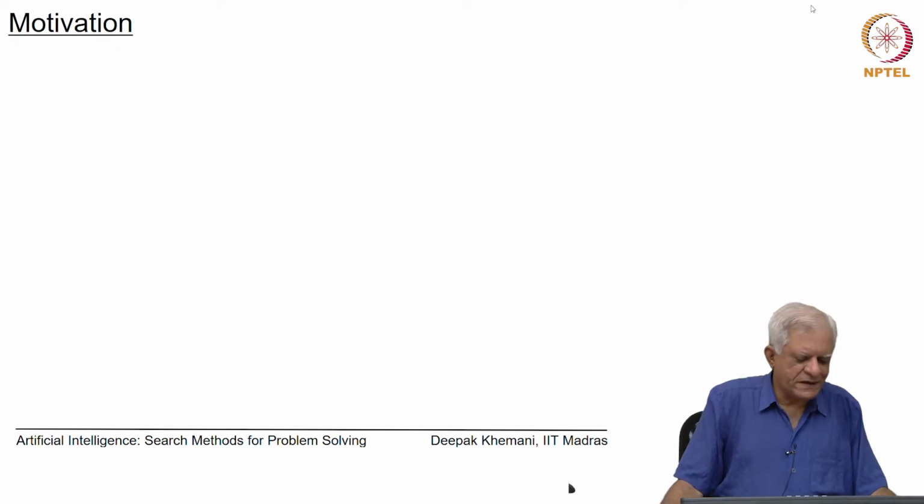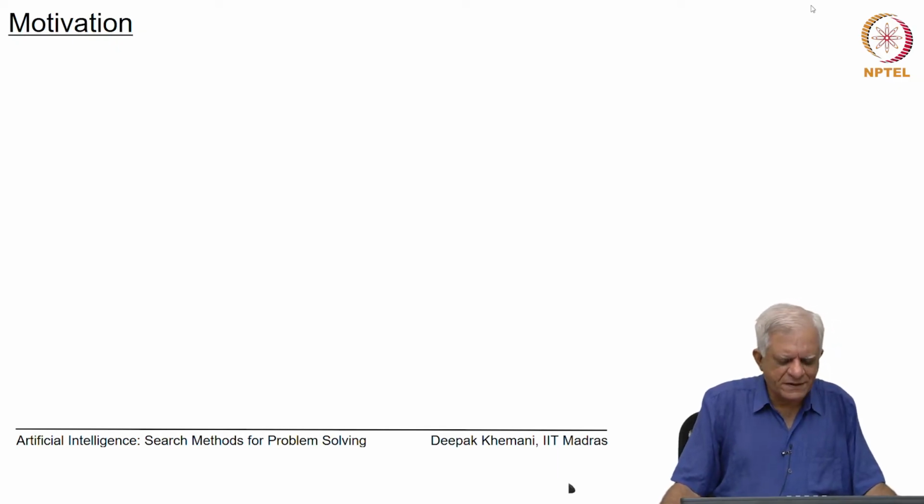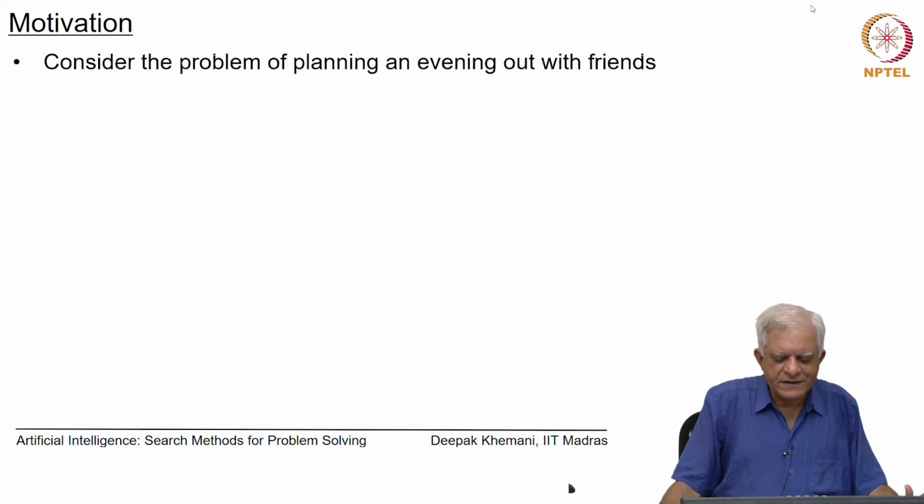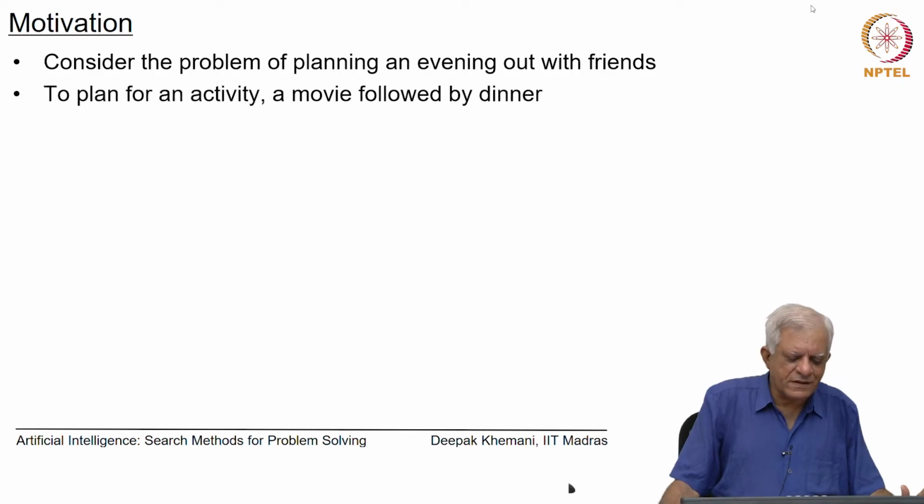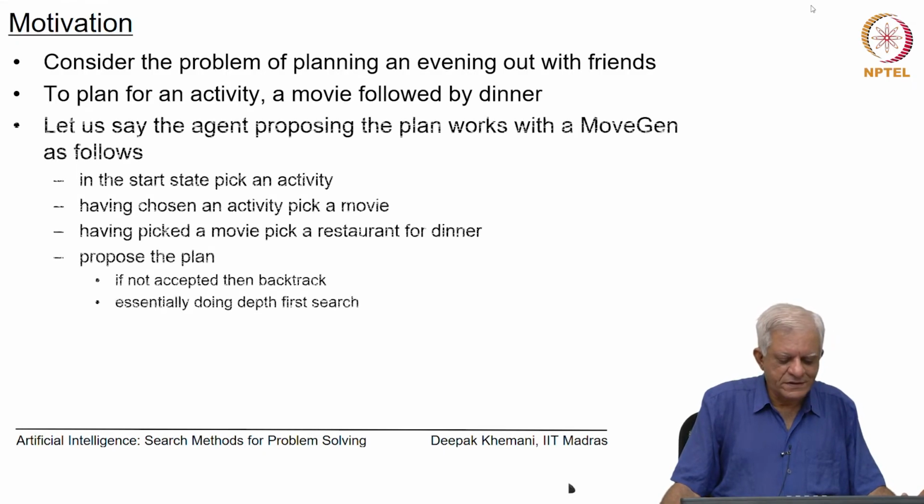and as a motivation, let us look at a problem which has typically three parts, and let us say this is a problem of planning an evening out with friends, and let us say you are the one who is proposing the plan. The basic idea is that you must do some activity followed by a movie and followed by dinner essentially.